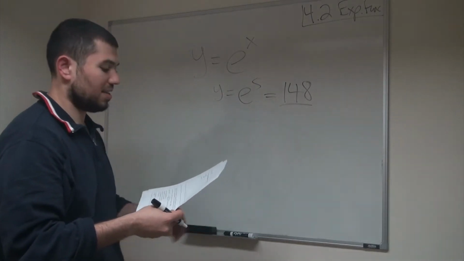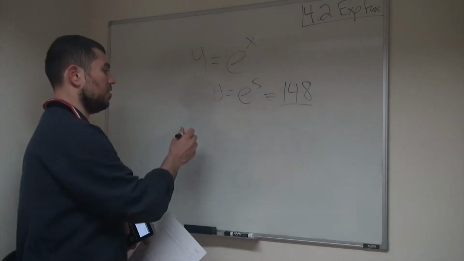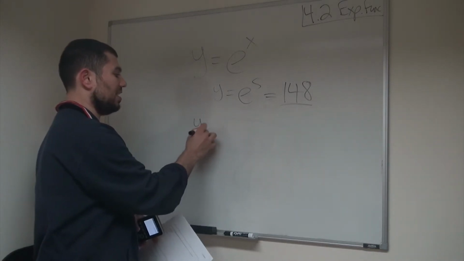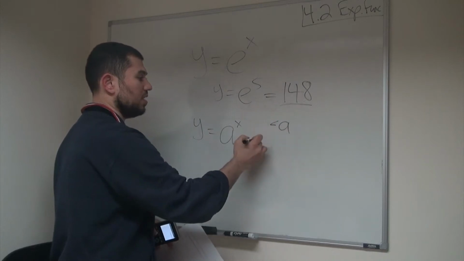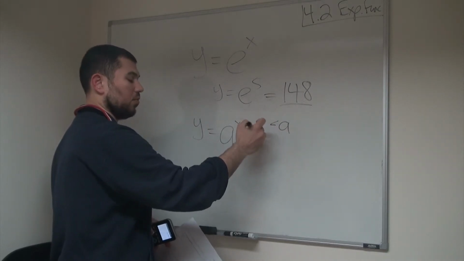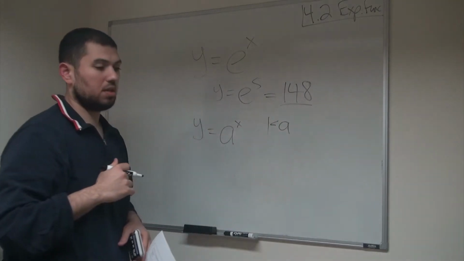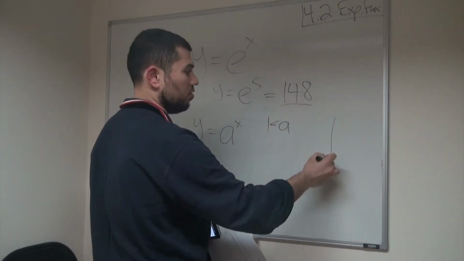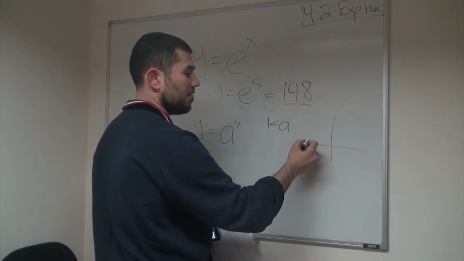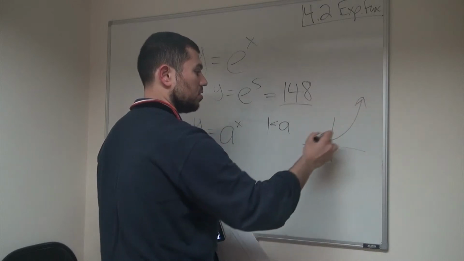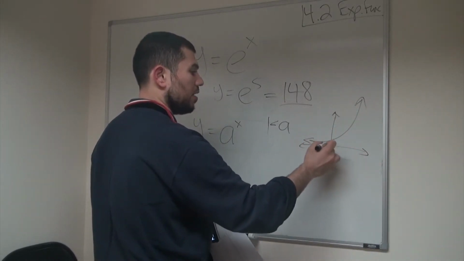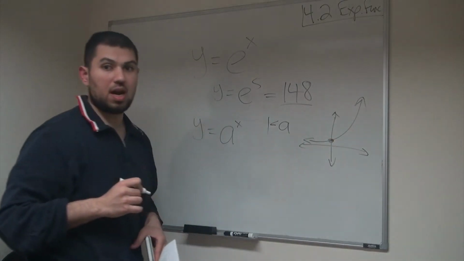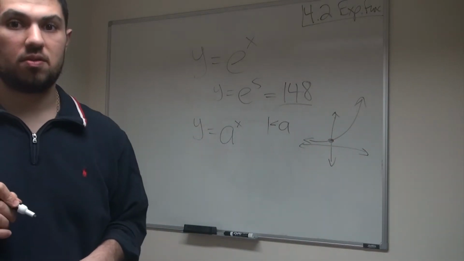Well, we saw last week that when I had the graph of a function of y equals a to the x, where a was greater than 1, the general shape of that graph looked sort of like this, where the graph went through the point (0, 1), right?